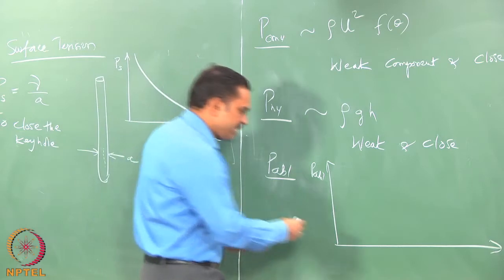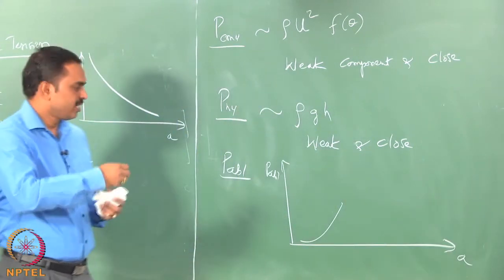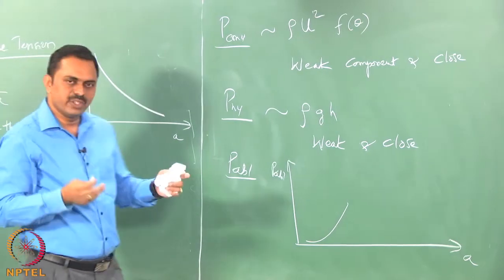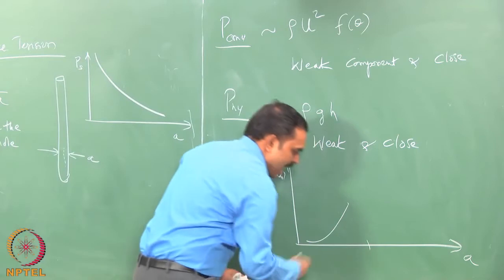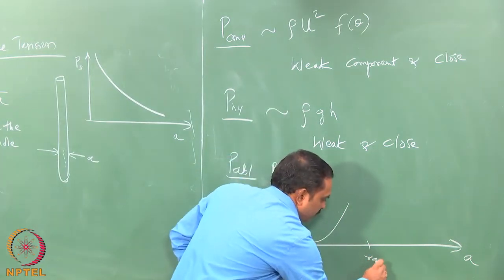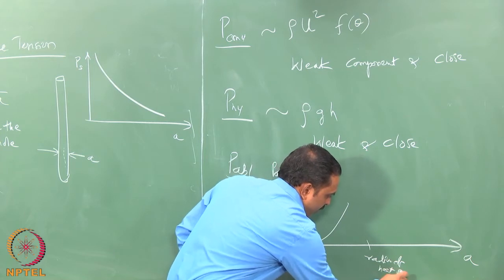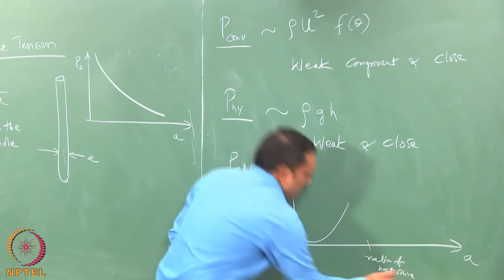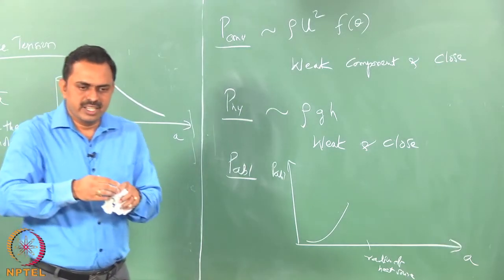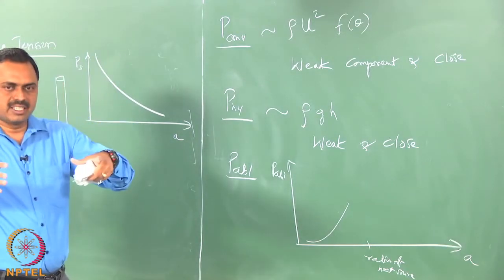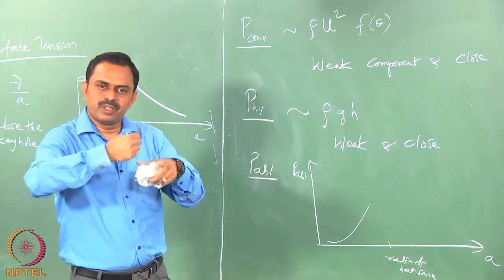So, it means that initially you should have an upward trend, so that the ablative pressure is increasing as you increase the vapor column, and somewhere around the radius of the heat source, slightly beyond the radius of the heat source, you should see a tendency that even if you increase the keyhole to be much larger than the heat source, the amount of heat is anyway going to be the fixed one.